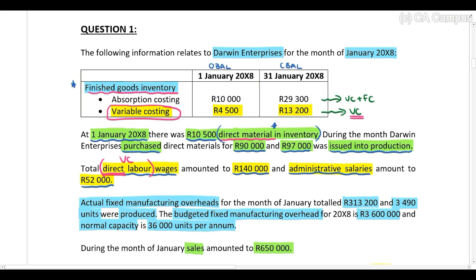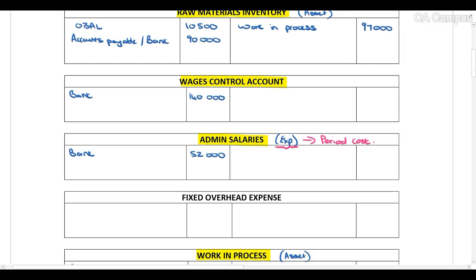Because we are dealing with variable costing, all of our variable production costs must be included in the cost of inventory. Please note, I said to you, this is a control account. And if it's a control account, this means it must balance to zero. So we need to take this out of my wages control account.